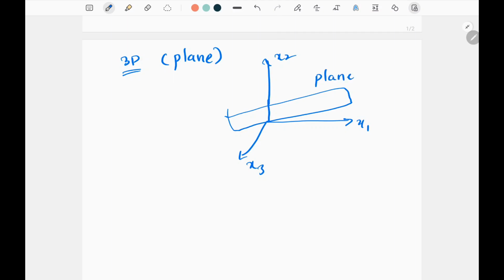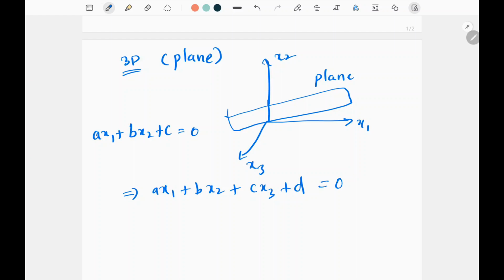This is the plane. So we saw the equation in 2D space is ax1 plus bx2 plus c equals 0, right? This is what we saw. In 3D it is written as ax1 plus bx2 plus cx3 plus d equals 0.